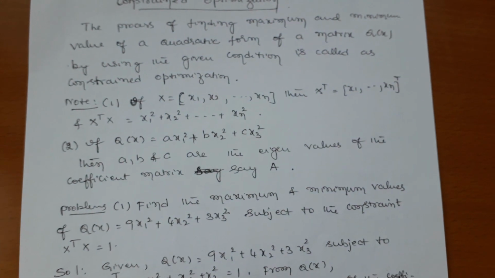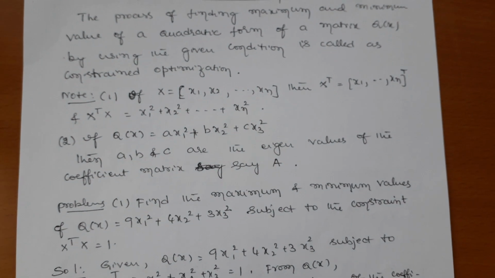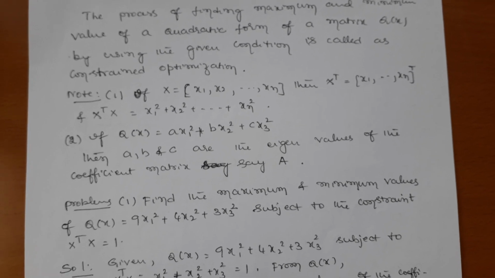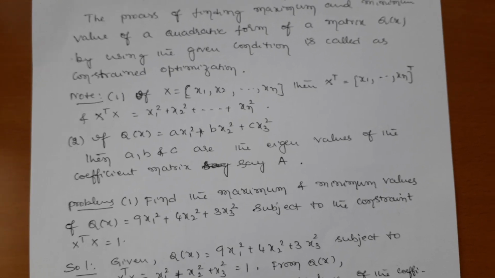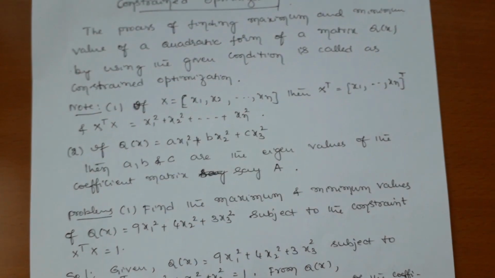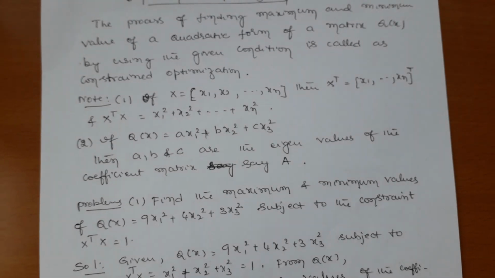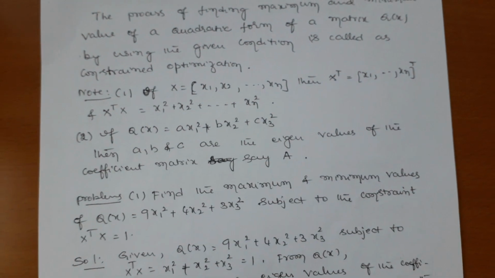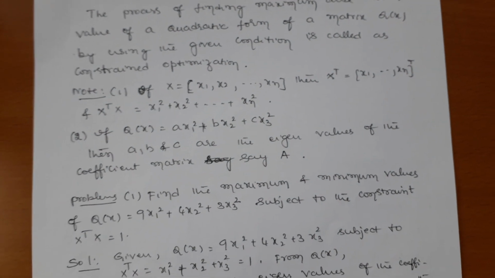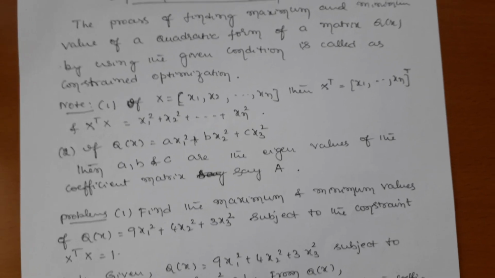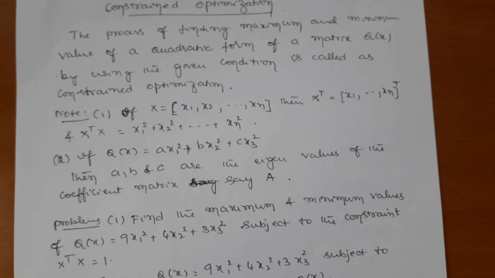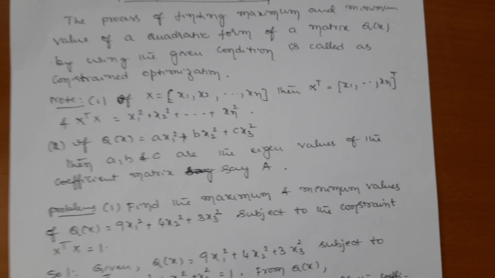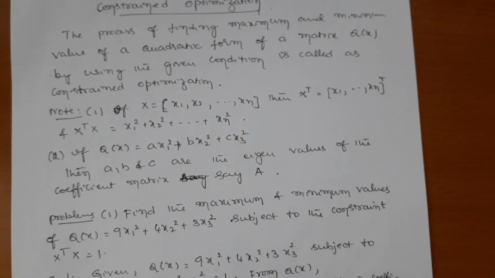But whenever the given function involves more than two variables, for example 3, 4 or 5 variables, the problem itself mentions: minimize the function x square plus y square plus z square, or maximize it, subject to the condition x plus y plus z is equal to a. Definitely they provide at least one constraint, and the problem itself mentions whether they expect the minimum or maximum value. The extension of that is optimization.